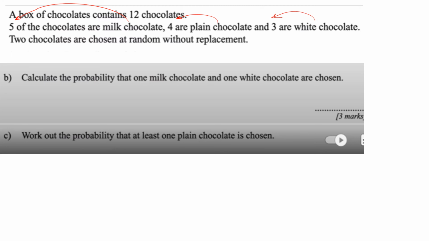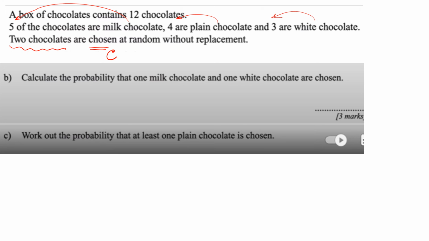If you understand this concept, you will never ever make the mistake. Now you have to choose two chocolates without replacement. Okay, without replacement you will go for the combination.